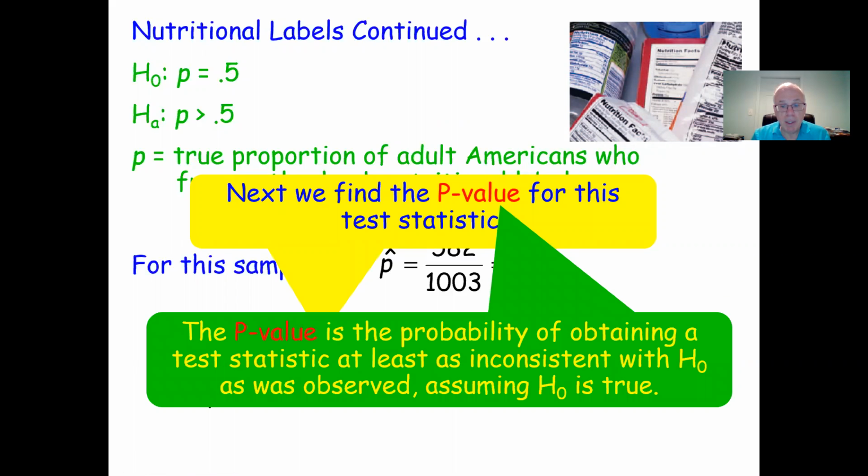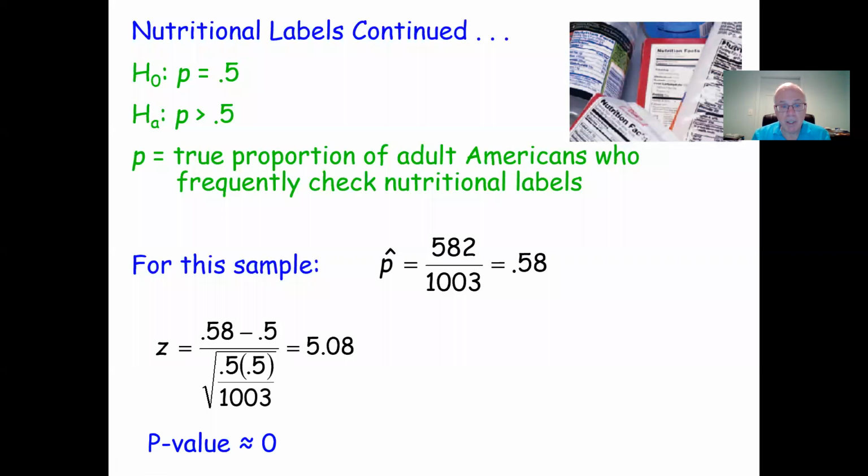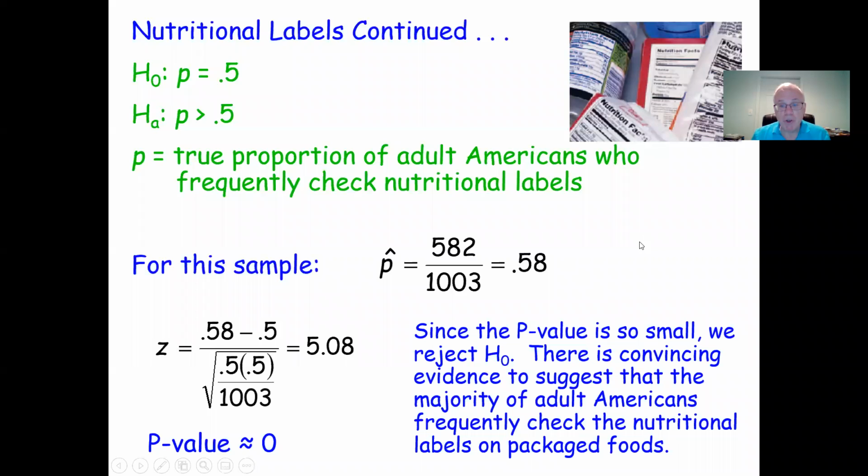All right, so it says approximately zero for the probability. Since the p-value is so small, we reject H naught. There's convincing evidence to suggest the majority of adult Americans frequently check the nutritional labels on packaged foods. This is very convincing evidence that there's a majority. That is, we've rejected the null, and we've concluded that the highly likely result here is that p is greater than 0.5. Now, could we have made a type 1 error? In other words, when we reject the null, is it possible that the null is true?